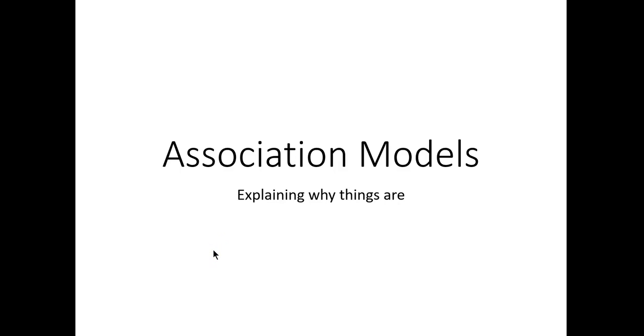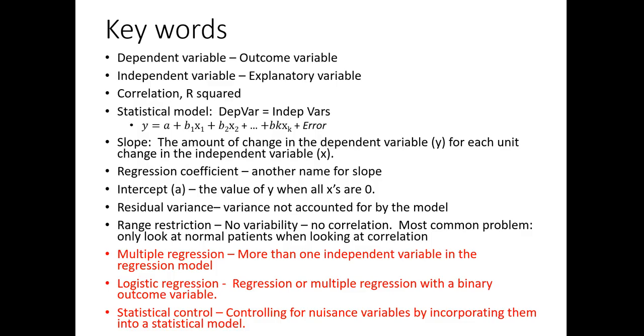In this lecture, we're going to talk about modeling, statistical models, association models in this case, and things like regression, and then a related concept, correlation. The idea is that statistical models try to predict what's going to happen based on association.